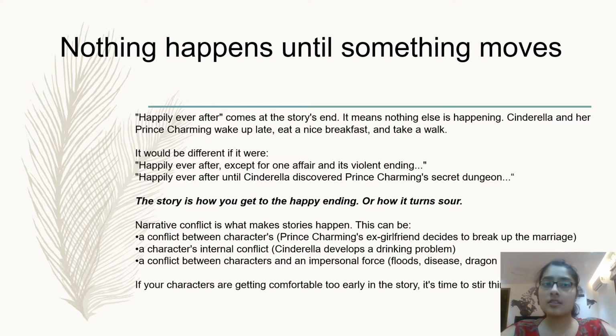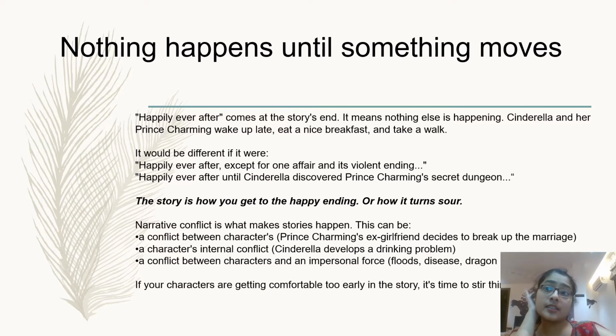Or it could also be a conflict between a character and an impersonal force. So it's an argument between a character and something which is not human. So this could be floods, disease, dragons. So again, we have drama.